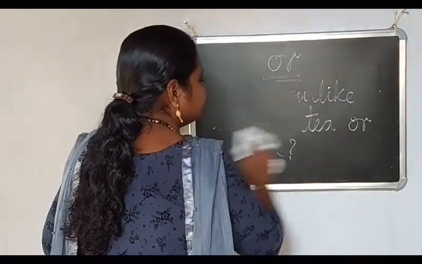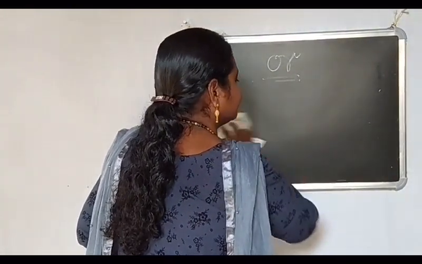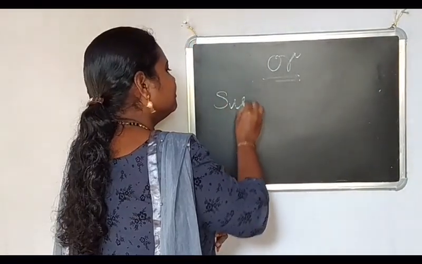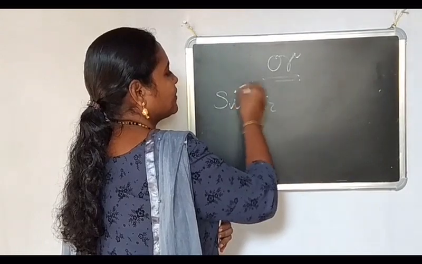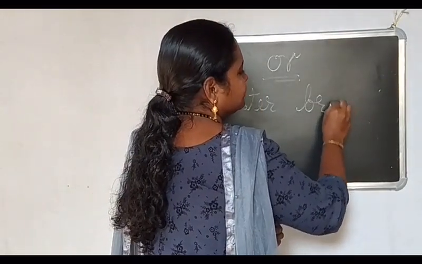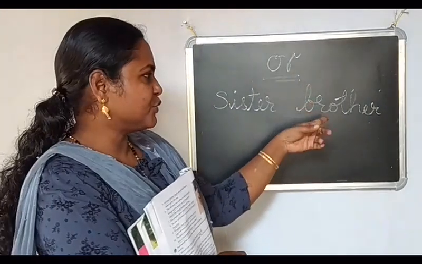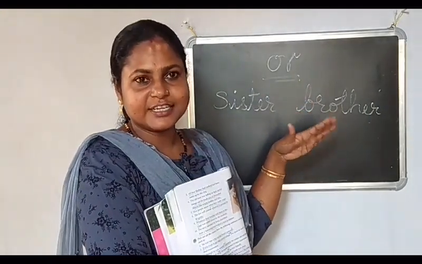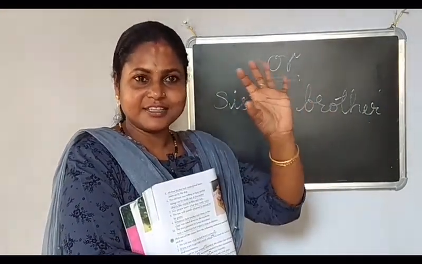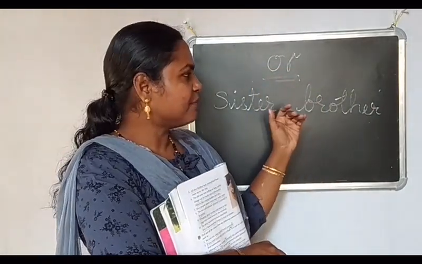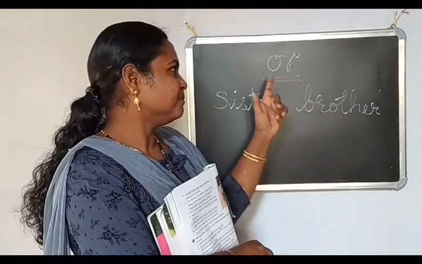Now we can make another sentence. And I wrote here, sister, brother. We can connect these two. This also stands as a choice. This stands as equal importance and also can be a substitute for the other.